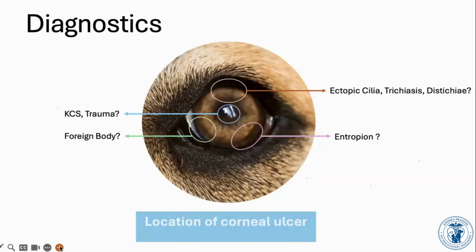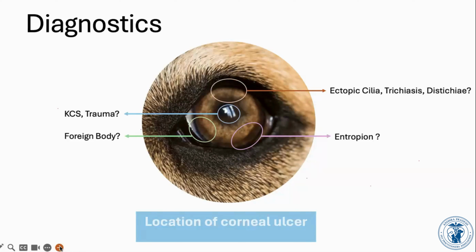Ectopic cilia is an eyelash present at an abnormal place, or misdirected toward the cornea. Trichiasis is a misdirected hair towards the cornea. And distichia is when there are two lashes coming out from the same spot. Sometimes they are rotated inwardly towards the cornea and keep on irritating the cornea continuously, leading to ulcer.